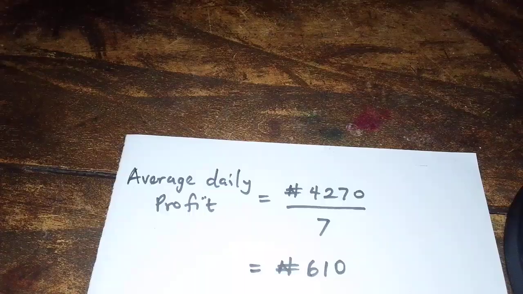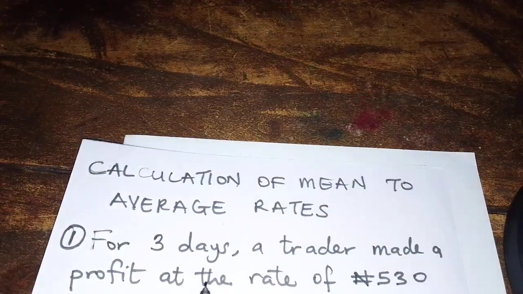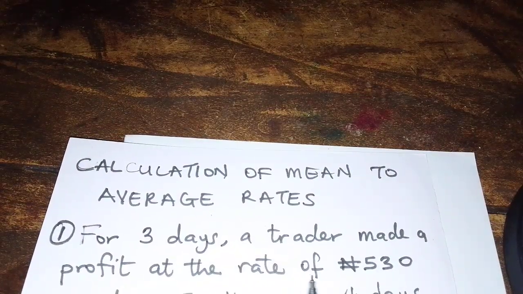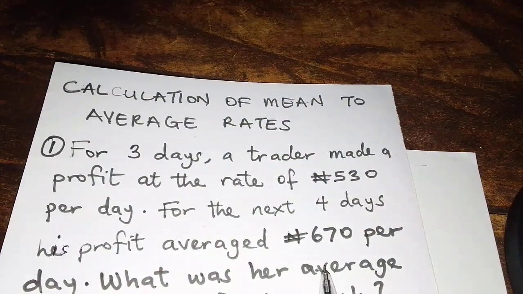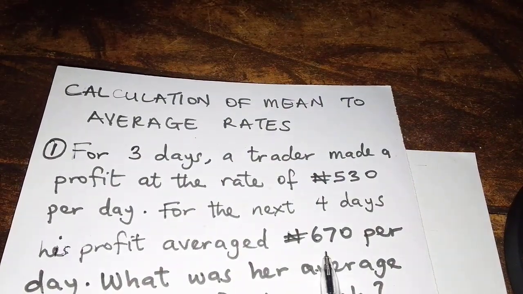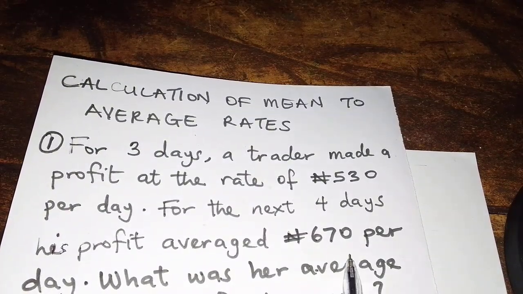And you can also solve this problem this way. The average profit for the first 3 days is 530 naira, and the average profit for the next 4 days is 670 naira.